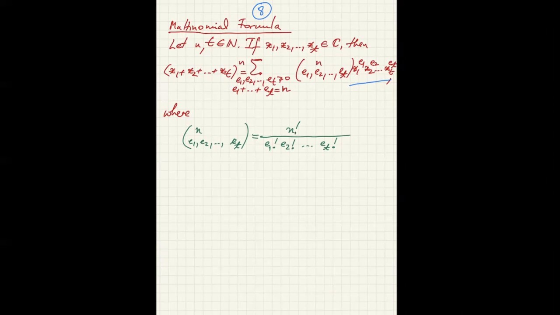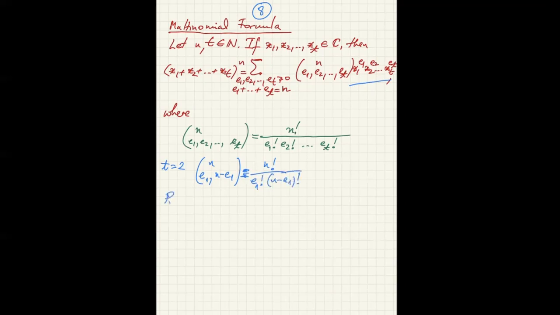So when t is 2 and we have e1, then automatically e2 is going to be n minus e1, and this is the same thing as the binomial coefficient that we know, n factorial over e1 factorial times n minus e1 factorial, when t equals 2.